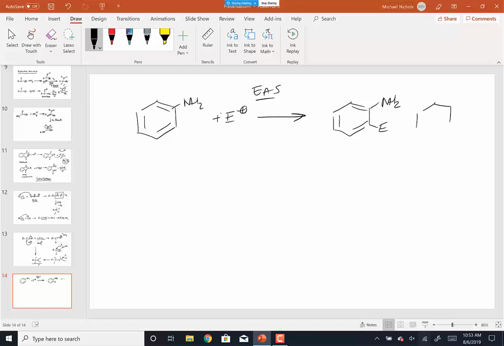As a matter of fact, it is the most activating group.